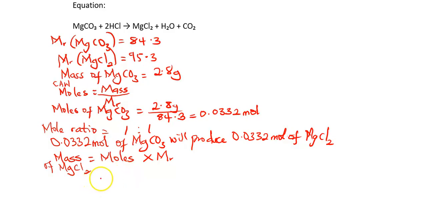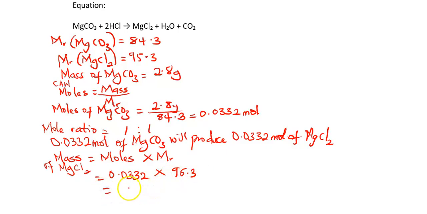So what's the number of moles of magnesium chloride? Remember, in our step 2, we arrived at 0.0332 moles, multiplied by the relative formula mass of magnesium chloride, which is 95.3.